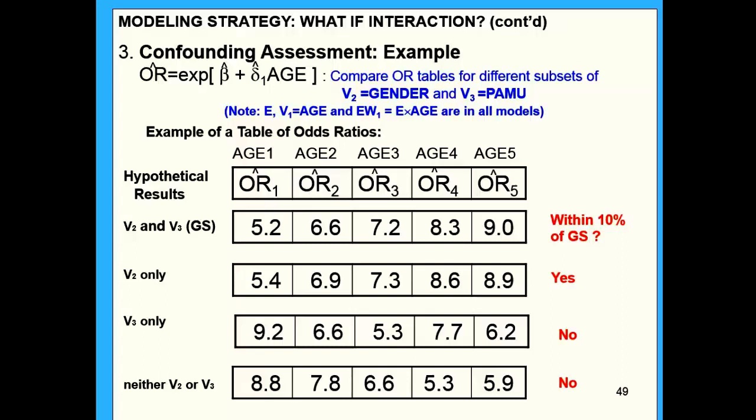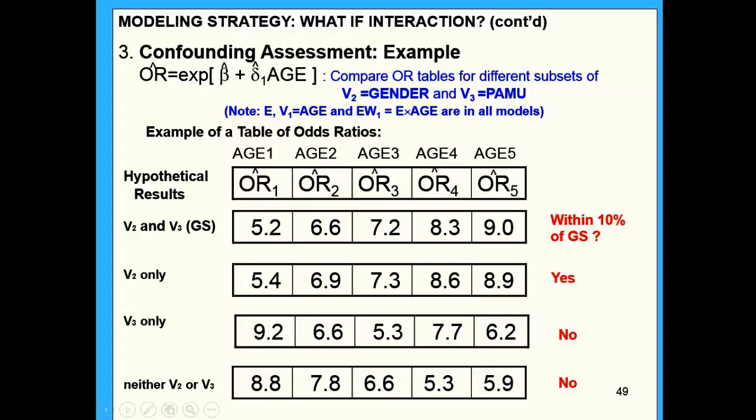So I don't know even whether it's clear-cut, but in any case, if you look at the table for the gold standard and the table when you drop V3, and you look at each of the different age values that are chosen, the odds ratio when you drop V3, which is PAMU, is almost the same as the odds ratio in the gold standard.